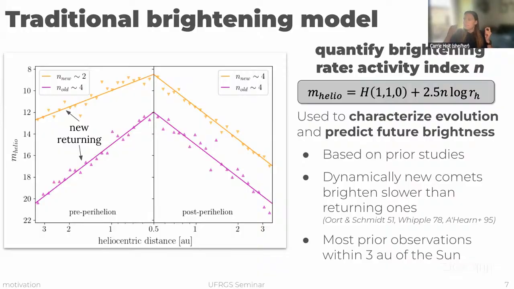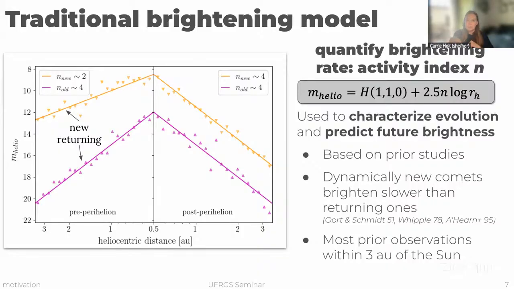Historically, studies from several decades ago found that new comets, comets within the Oort spike, have a more shallow brightening slope than returning comets, which have a steeper brightening slope.